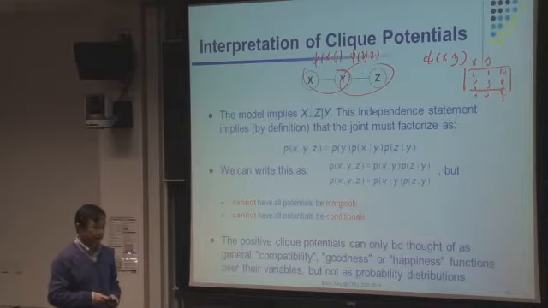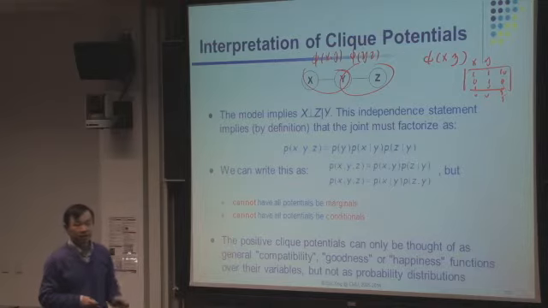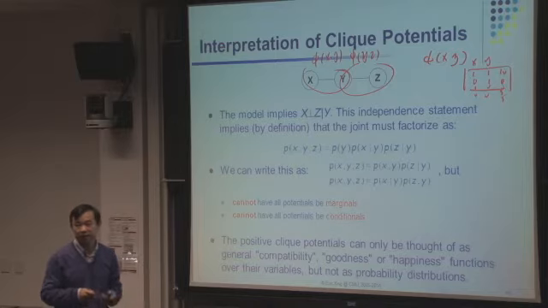Now the strange thing happens. This potential function is a joint distribution of x and y, and that potential function is a conditional distribution of z given y, right? So the potential function can be either a joint or a conditional. And likewise, in this decomposition, you have the same thing.